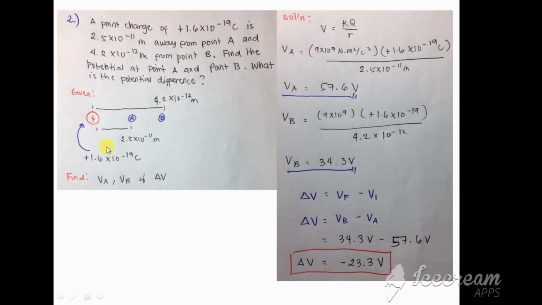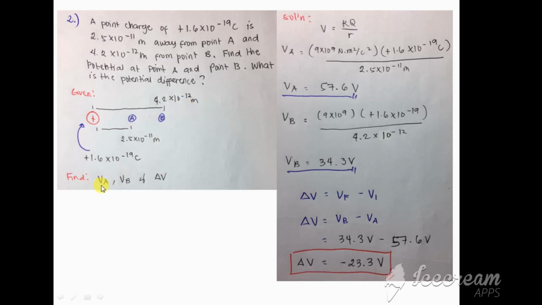Now we have here an illustration plus the given. So we have there the point charge. As you can see, this one is the point charge. It is positive 1.6 times 10 raised to -19 Coulomb, and its distance from the point charge to point A is 2.5 times 10 raised to -11 meter, while its distance from point B, this one, is 4.2 times 10 raised to -12 meter.